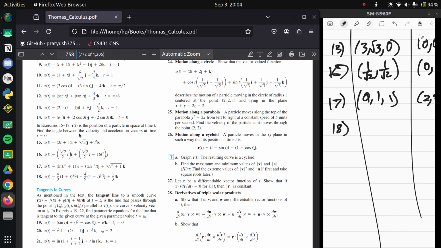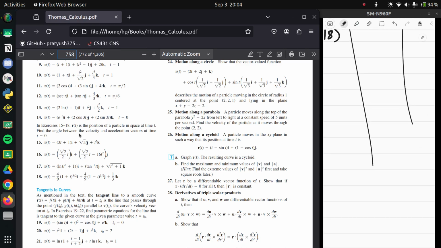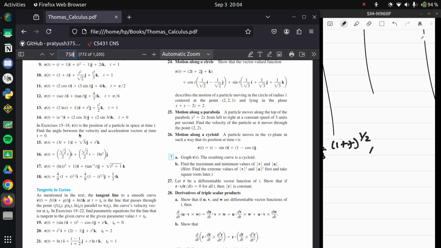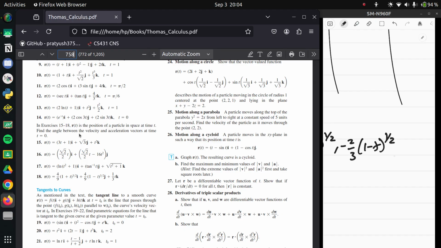Okay, 18th is r of t equal to 4 by 9 stuff. So you want to derive it. Sure, t power 3 by 2. So 3 by 2 times 2 by 3, 1 plus t to the power of 1 by 2, comma, the same stuff again but negative, so negative 2 by 3, 1 minus t to the power of 1 by 2, and 1 by 3, that's your velocity.